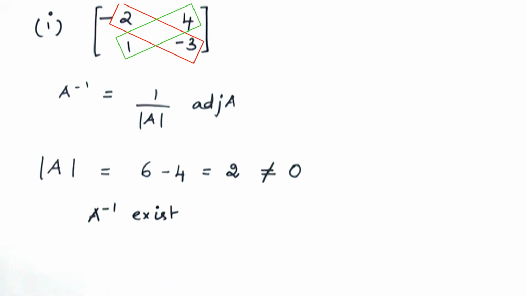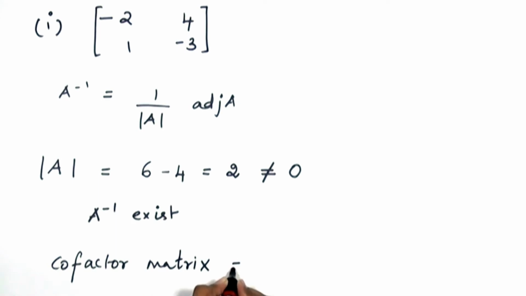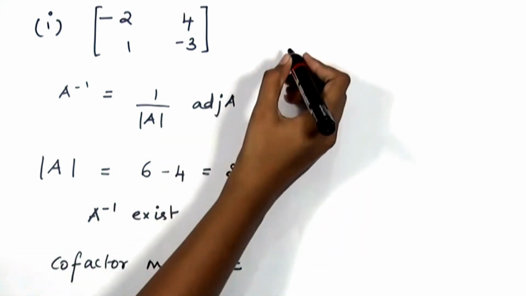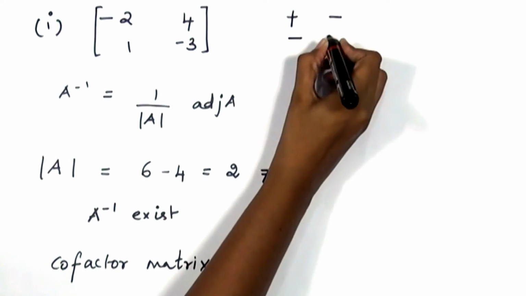Now we have found out the A determinant. The next step for finding the inverse is finding out adjoint A. In order to find adjoint A, we will be finding out the cofactor matrix. For this, we know that we will be following a sign convention, which is plus, minus, minus, plus.